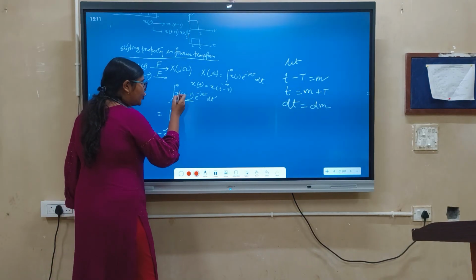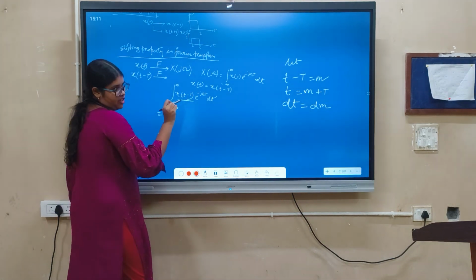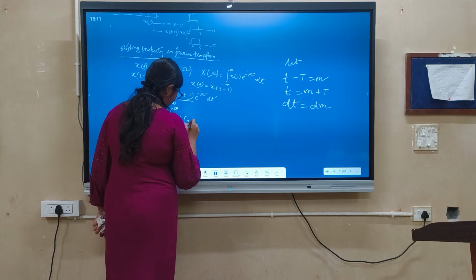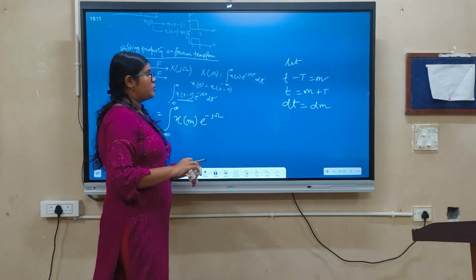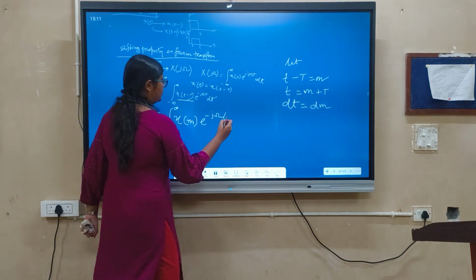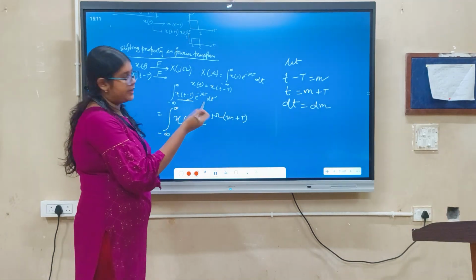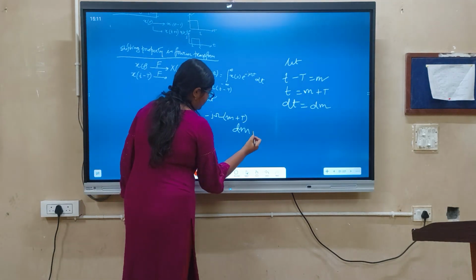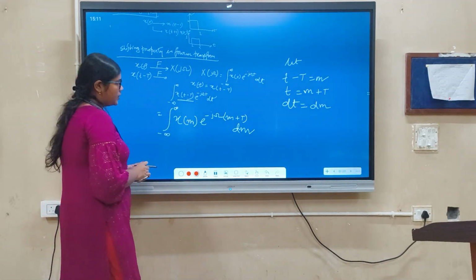Now we put m instead of t minus T, and e to the power minus j omega, what about the small t? That is m plus capital T. And what about dt? That is dm. Clear? Now, check.